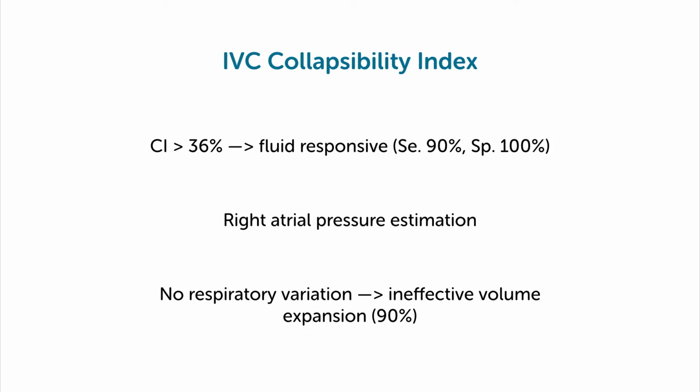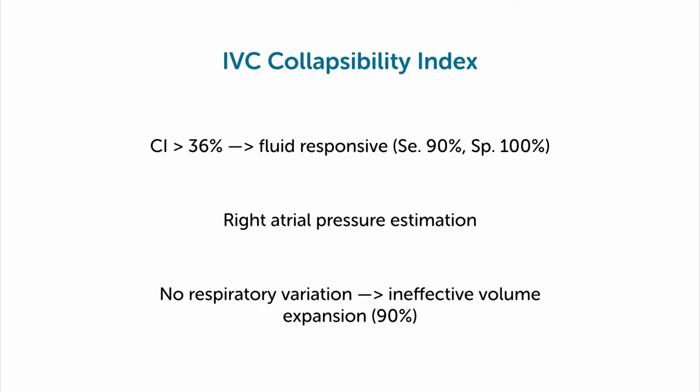For values bigger than 36%, we have a sensitivity of 90% and a specificity of 100% that this patient will respond very well to fluids. We can estimate the right atrial pressure too with this formula, and I will show you some tables later.